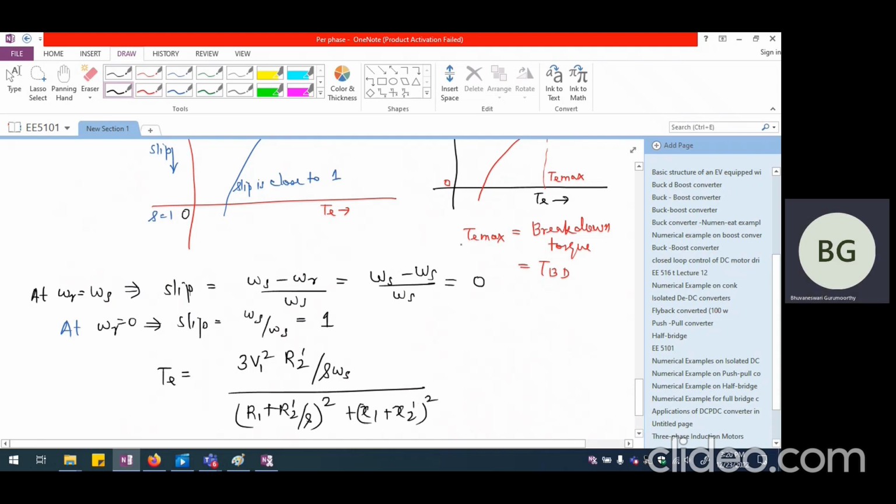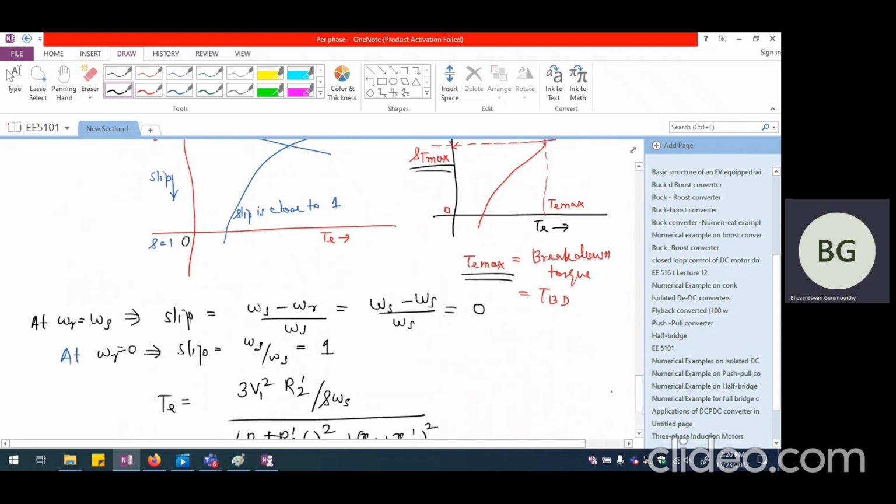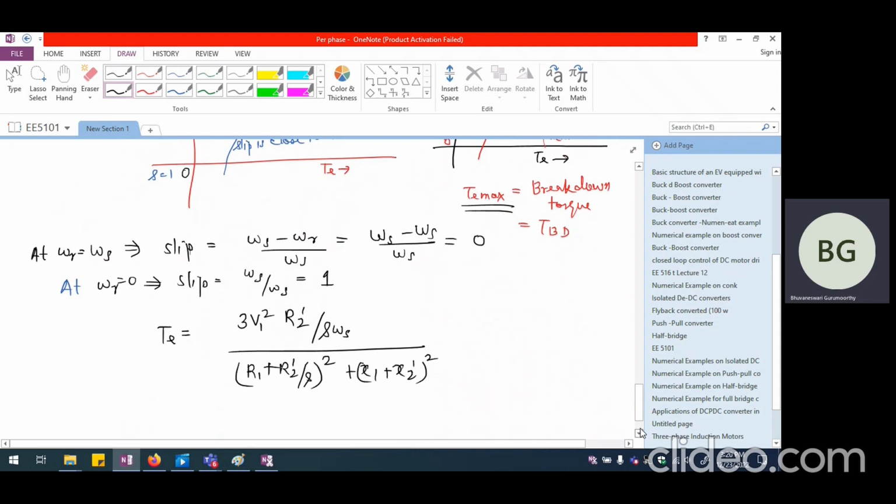Now to get what is TE max and what is ST max, all we need to do is set dTE divided by dS equal to 0. So by solving for dTE divided by dS equal to 0, ST max can be obtained.